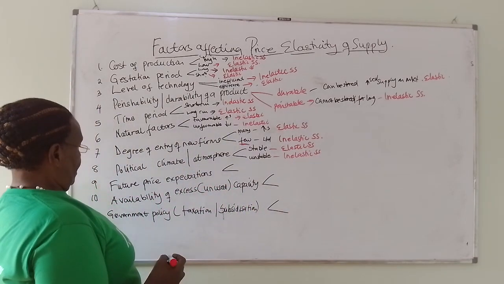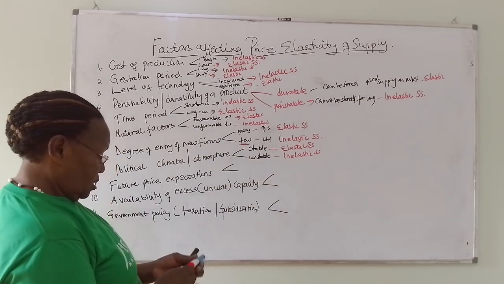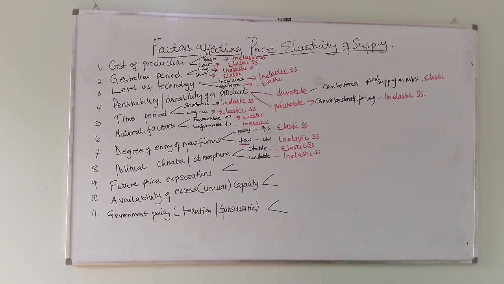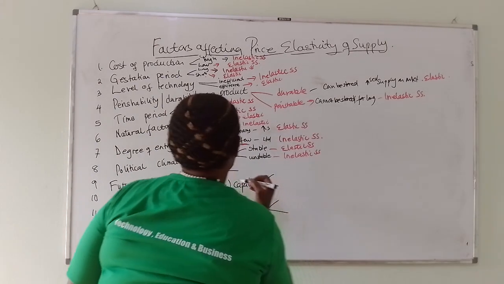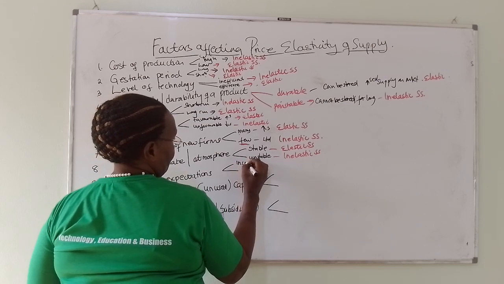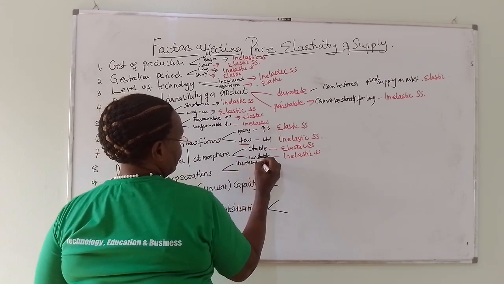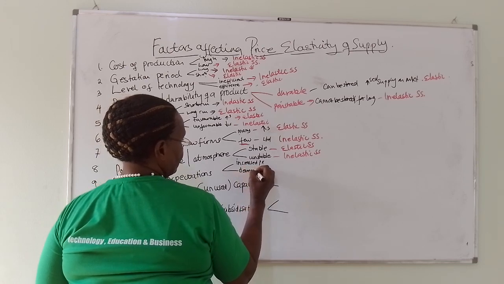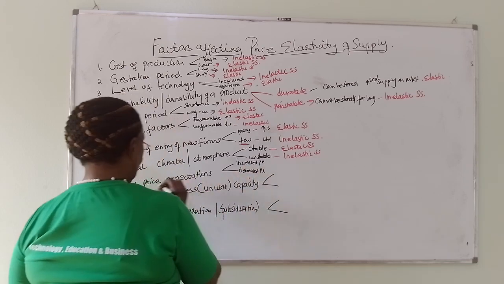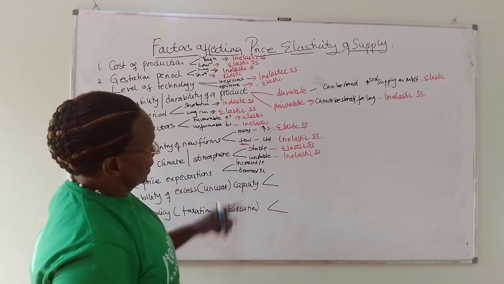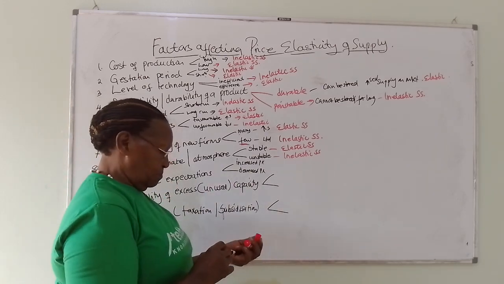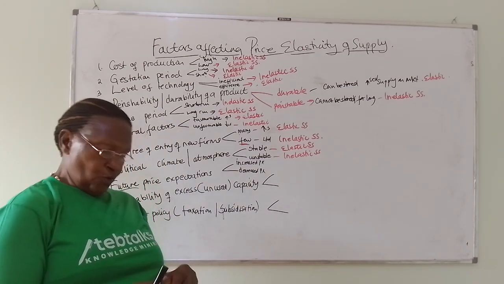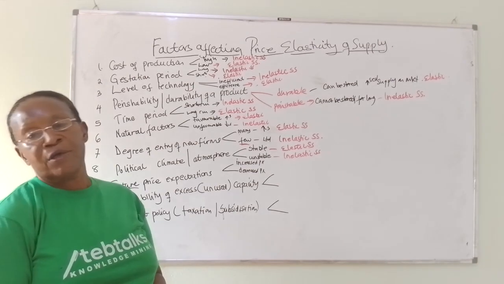Then we have the future price expectations. You can expect the price to increase in the future, or it can be a decrease in the price. So if your future expectation is an increase in price, definitely, being a producer aiming at profit maximization, you are not going to increase supply now when the price is low.